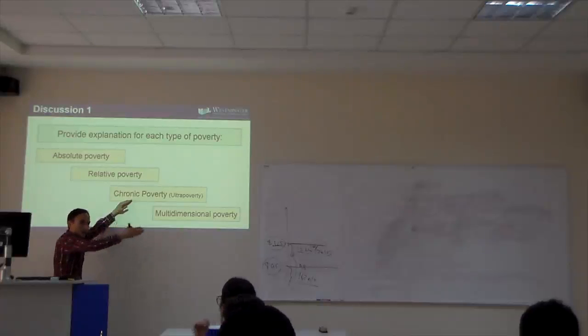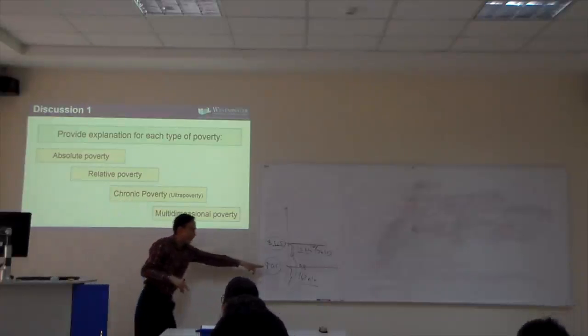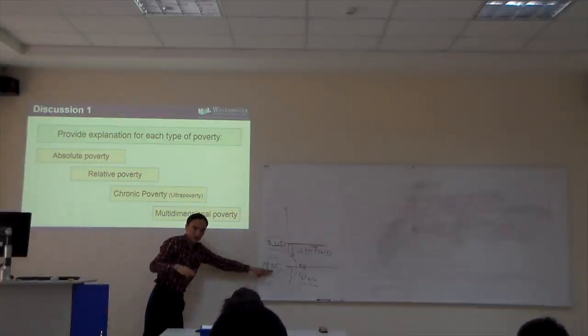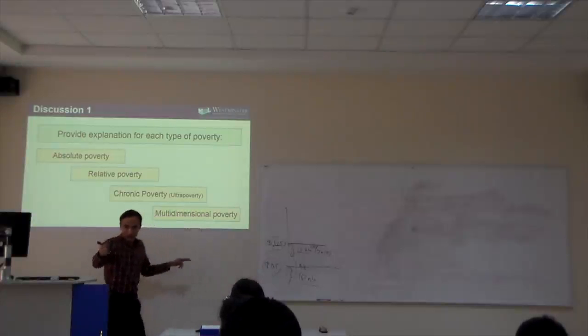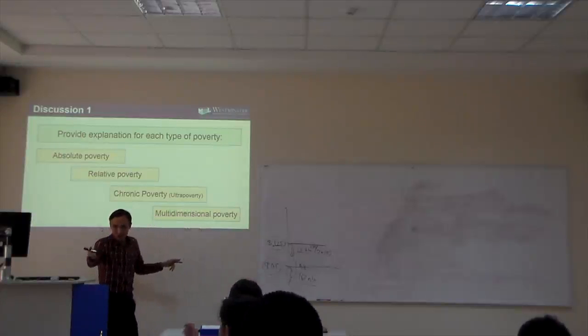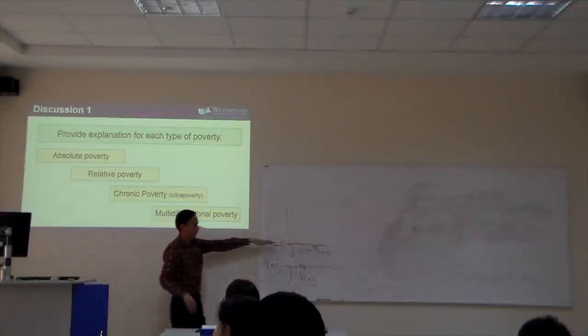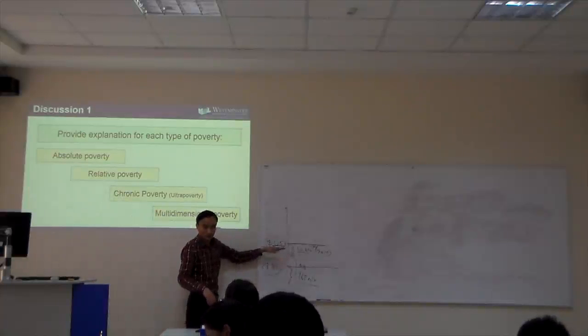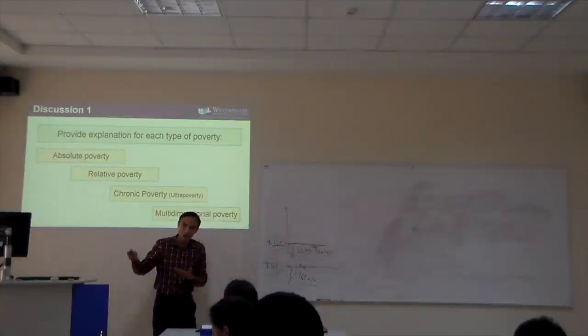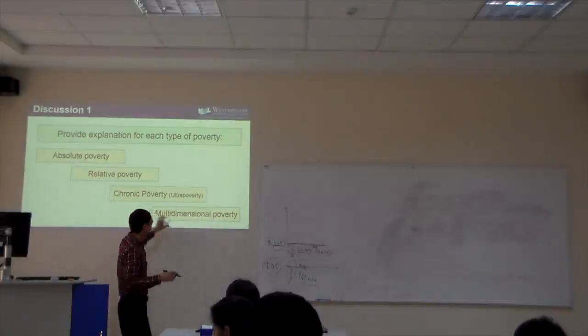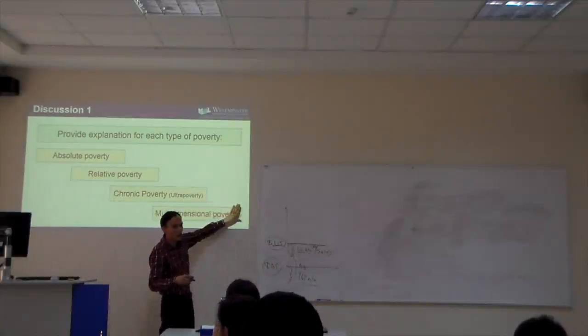If you find one person living below this poverty line, then that person is absolutely poor. There is one person here, let's say he is relatively poor, one individual. And if a person's income is less than 1.25, that person is also absolutely poor as an individual.